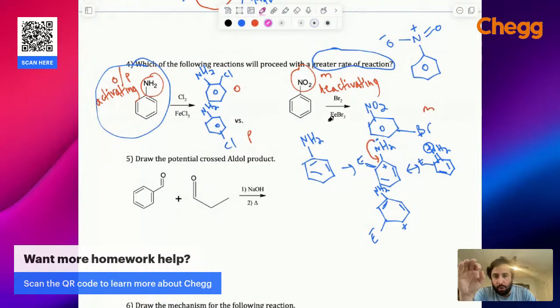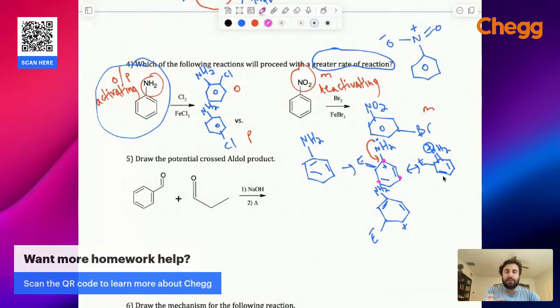So ortho or para substitution puts the positive charge in the intermediate in these three positions. And one of those positions is immediately adjacent to the electron donating group, which we saw here by resonance. That nitrogen atom can donate the lone pair onto that carbon and stabilize it.